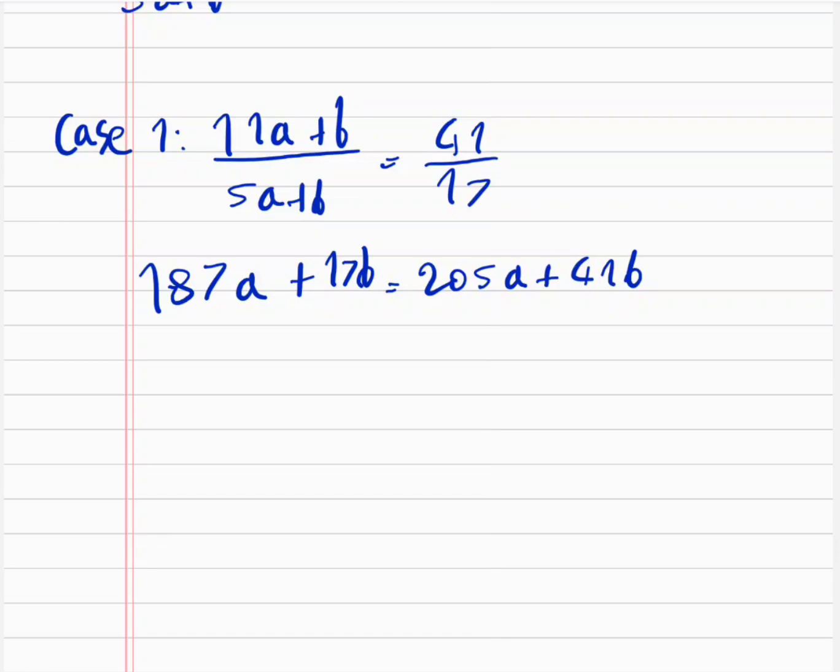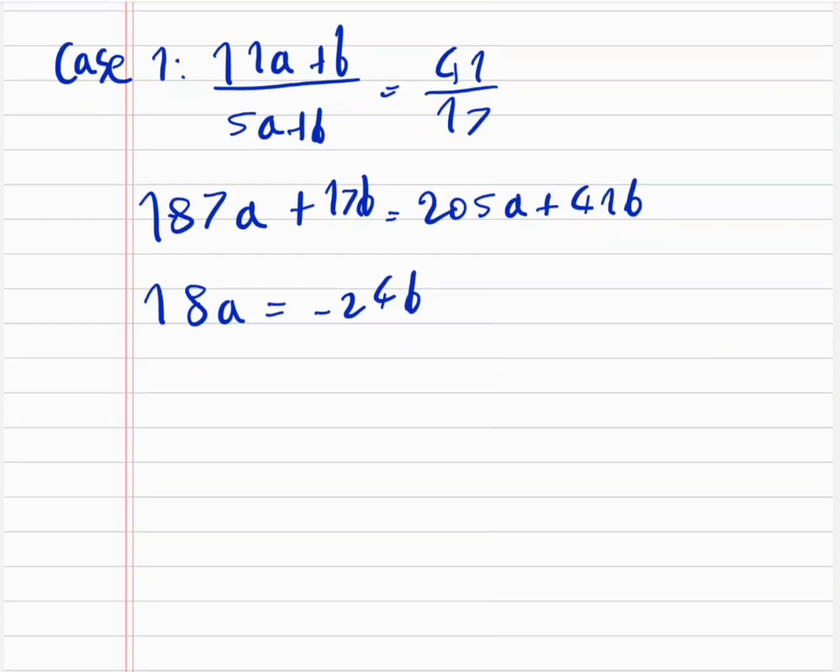Now we simplify this and we'll get 18a, keeping b on the right hand side, minus 24b. We can divide both sides by 6, which gives us 3a is equal to minus 4b.